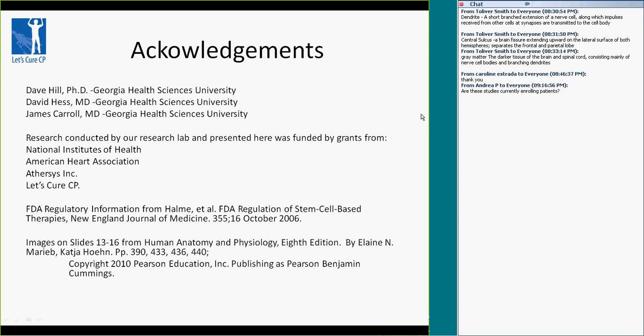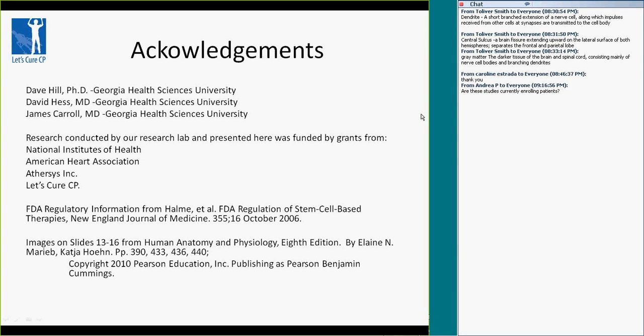Athersys already has a trial going treating adult stroke patients, and cerebral palsy would fall into the same genre as the stroke patients. And so after the adults are treated with that, then they'll start the trial for cerebral palsy. And Dr. Carroll already has his protocol ready to go for acute cerebral palsy treatment.